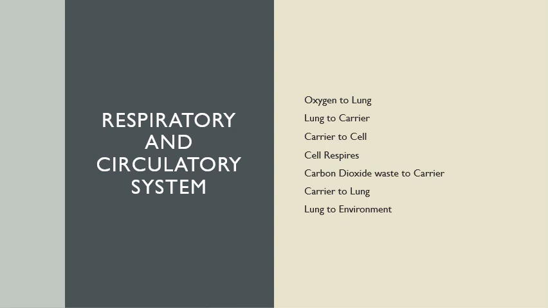In the cell, the oxygen is used for aerobic cellular respiration, and a waste product, carbon dioxide, is produced. That carbon dioxide then diffuses to the carrier cell. The carrier cell goes to the lung, where it drops off the carbon dioxide that then gets expelled back to the environment. It's all about moving gases using a carrier cell.